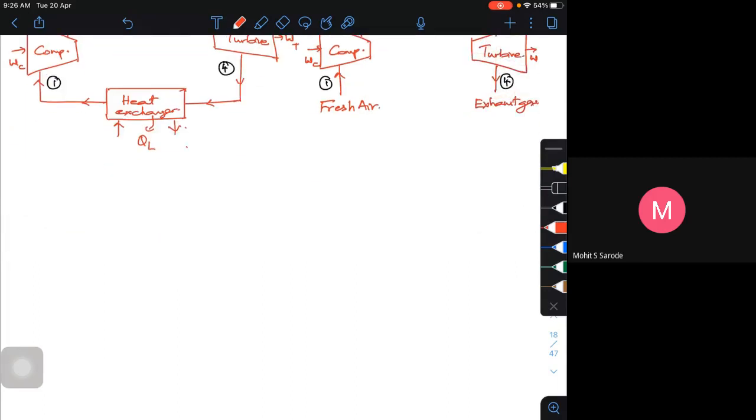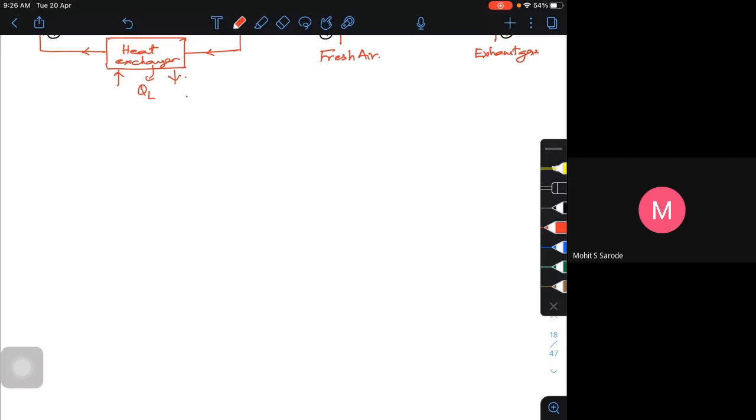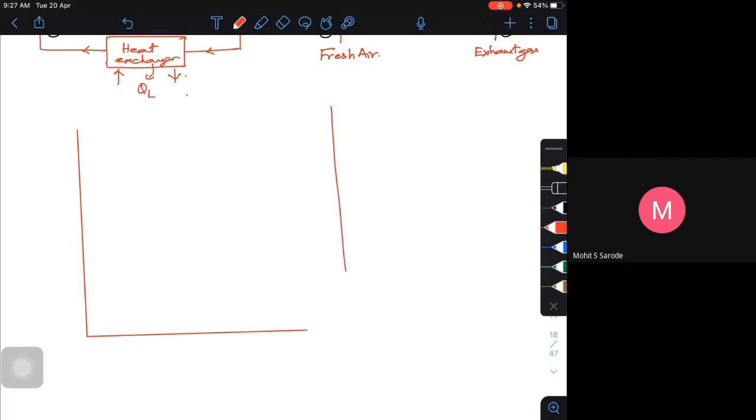So let me write the PV and TS diagrams for that. This is my PV diagram, and side by side I'll put the TS diagram. I'll start with the regular point 1.